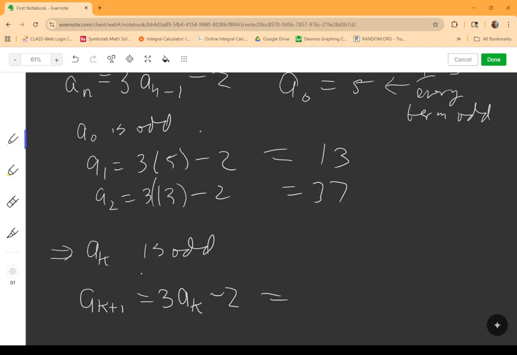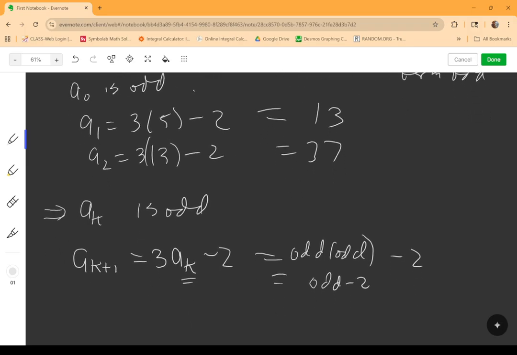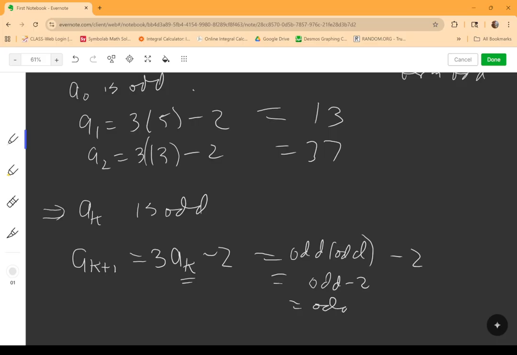But if I know the previous one is odd, I have odd times odd minus 2. Well, odd times an odd number is another odd number, and if I take away 2, I'm back to being odd.